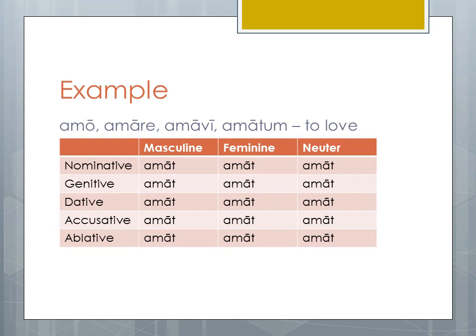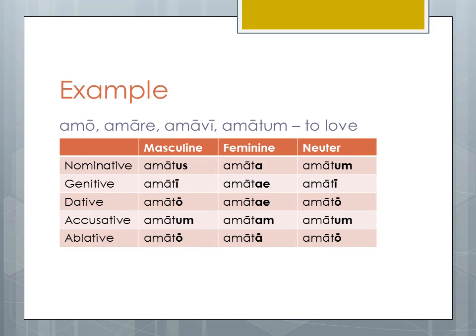After that, we would simply add the corresponding singular endings of the first and second declension. So, in the masculine, we see the second declension endings, us, long I, long o, um, and long o in the ablative.